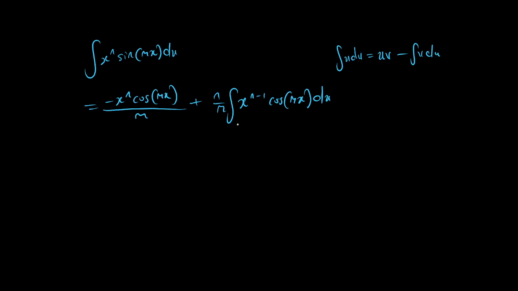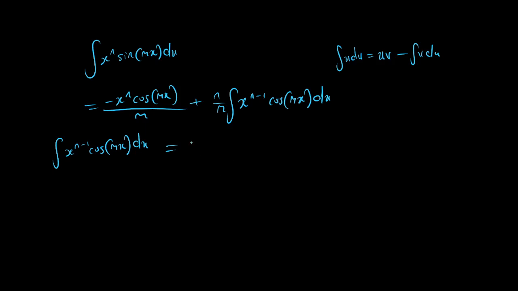Now we are going to try to also find out this integral here. So let's say the integral of x to the n minus 1 cosine of mx dx. Again, the integral of cosine of mx is sine of mx over m.